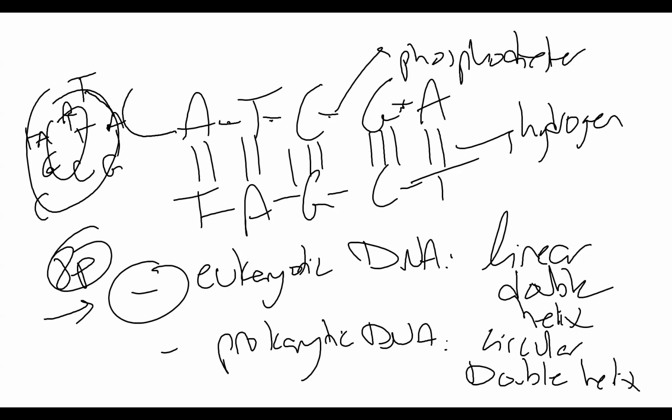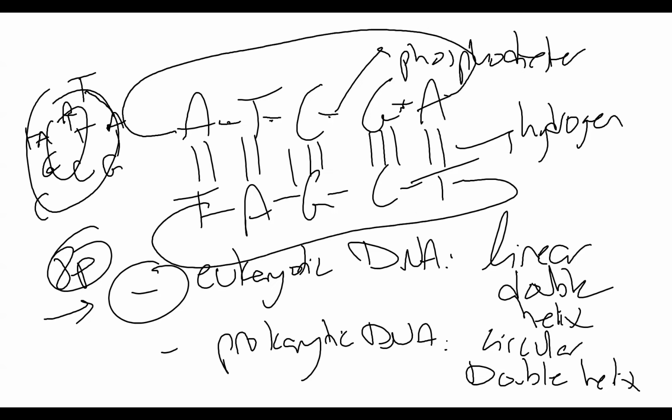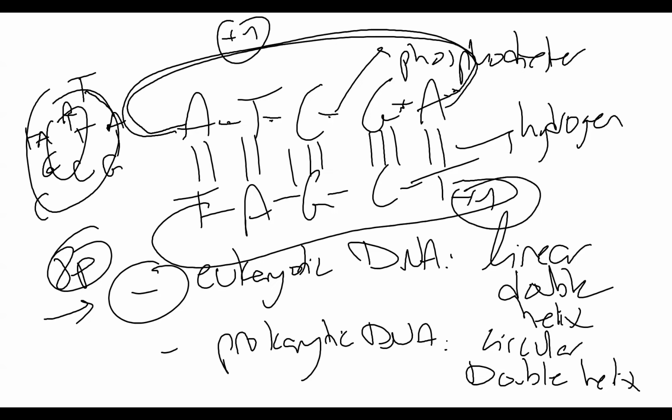This will be connected to this, and this will be connected to this. So when these two are connected from the sides, we added one phosphodiester here and one here also. Instead of having 4 here and 4 here, now we have 5 here and 5 here. So we have 10 phosphodiester bonds in total for prokaryotic DNA.